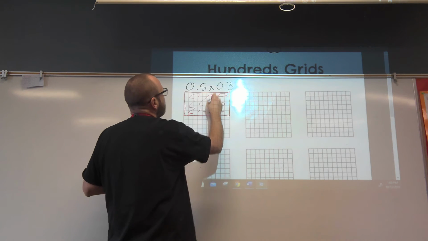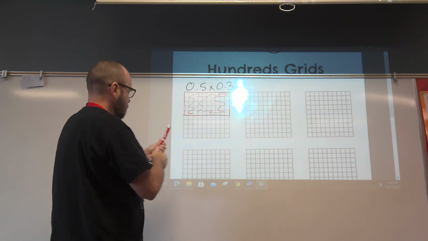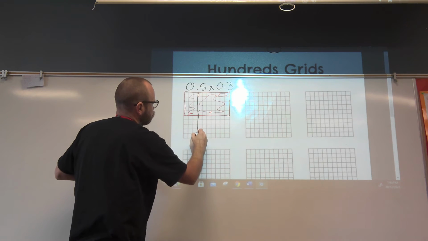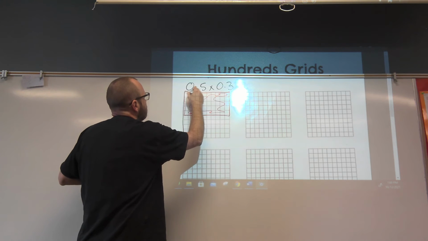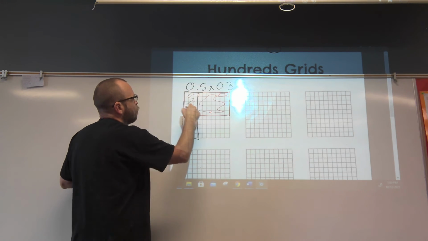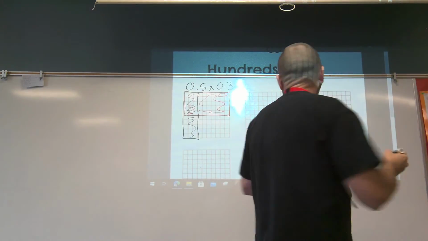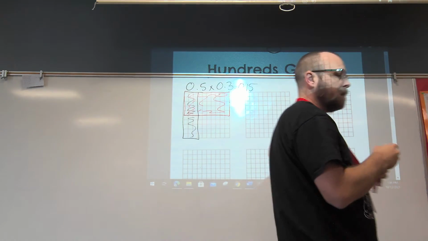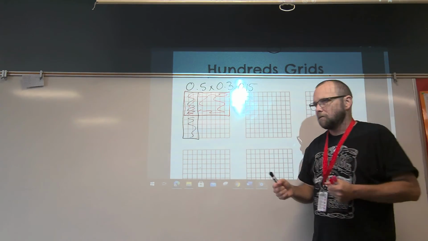And I'm not shading the whole thing in. And then we would have 3/10 shaded in this way. And this would be shaded in with both colors. And so what's in here would be your answer. And yes, it is 15 hundredths.